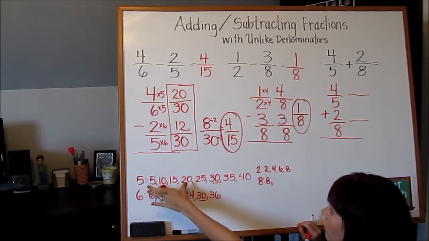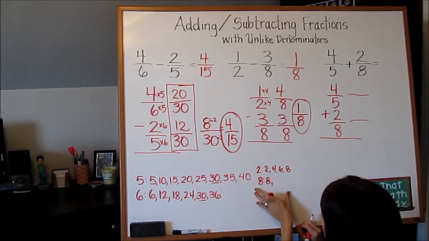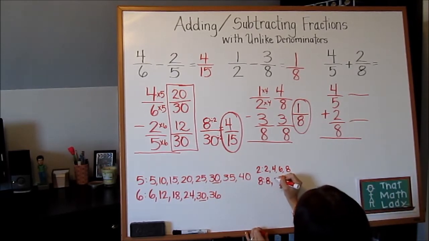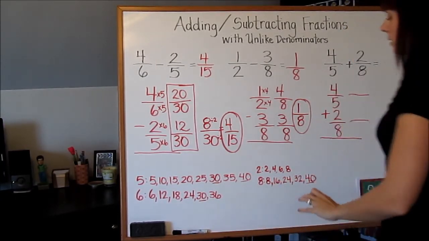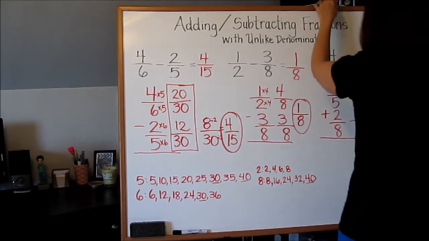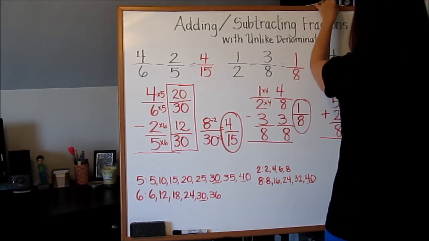Since I already have my multiples of 5 over here, I'm just going to write out my multiples of 8 over here. No point in doing twice the work. And I can see that 40 is going to be my common denominator. Okay, so 40 is my denominator. I'm going to write that in.